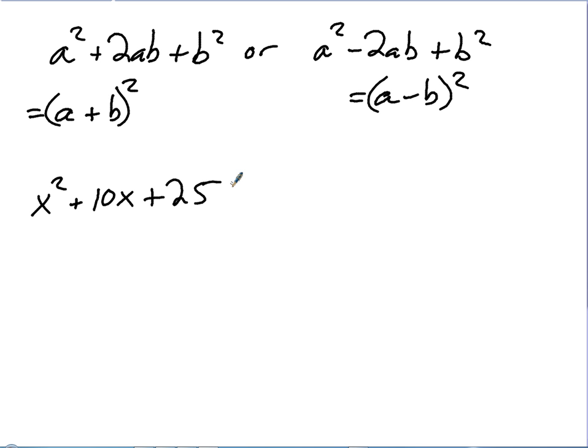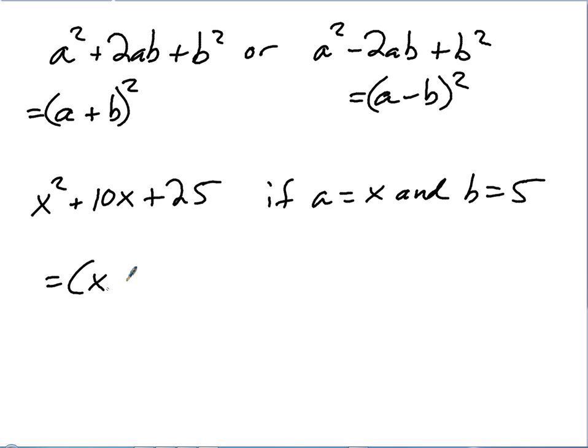So this fits the pattern if a equals x and b equals 5. Then you just know that's going to be x plus 5 squared.